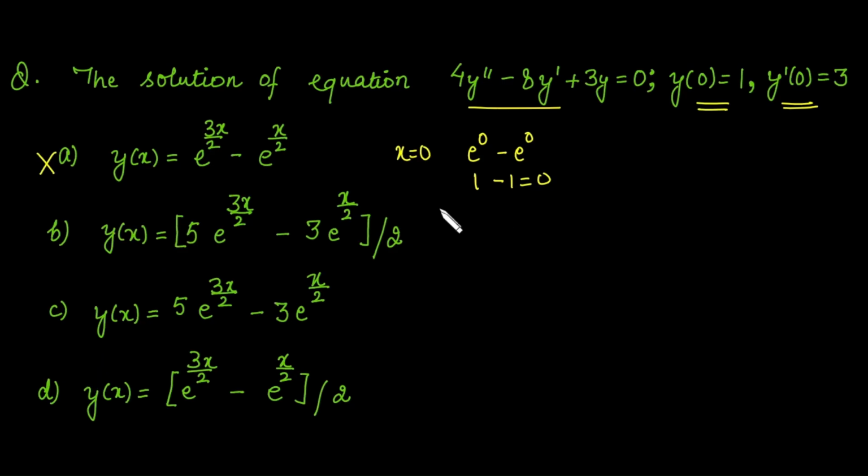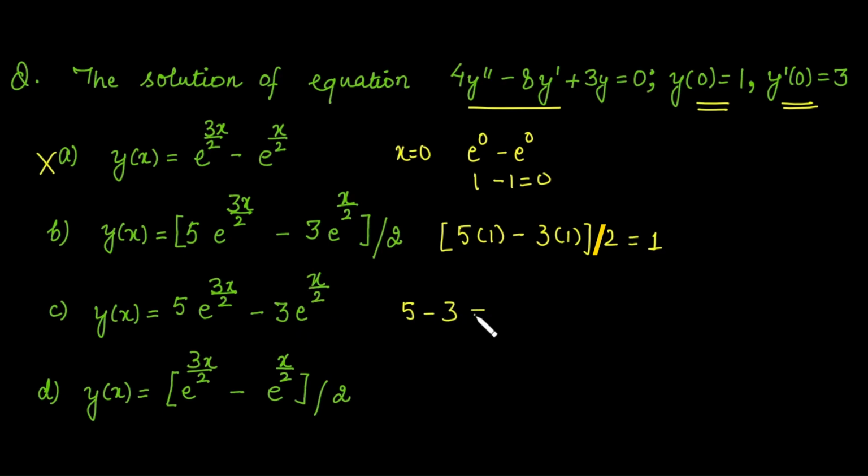Check for the second one. If you take x is equal to 0, it is 5 times e raised to power 0, which is 1, minus 3 times e raised to power 0, which is 1, whole divided by 2. So we are getting 1 in this case. Maybe that can be the option, but still we need to check the rest. In the next case, e raised to power 0 is 1, so 5 as it is, minus 3 times 1.